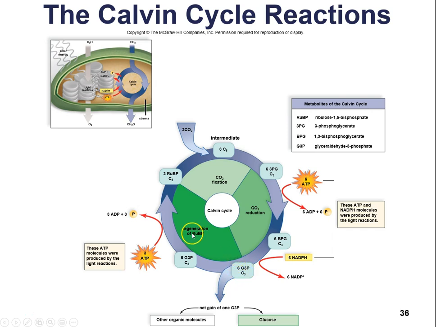Then this G3P gets regenerated. The RuBP is regenerated because this G3P gets converted into RuBP. Again, more ATP is required. Basically, all of the reactions occurring within this Calvin cycle require an input of energy.